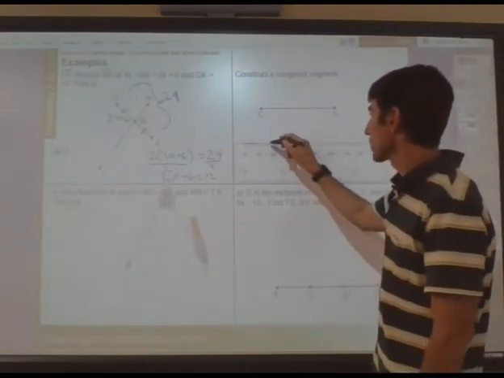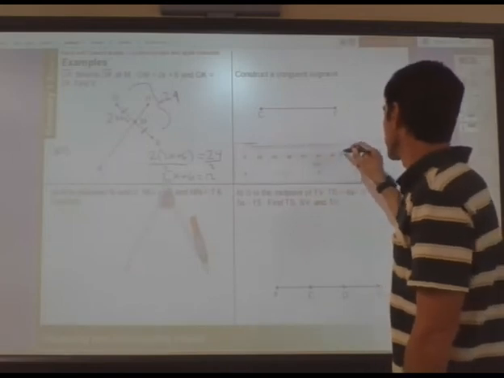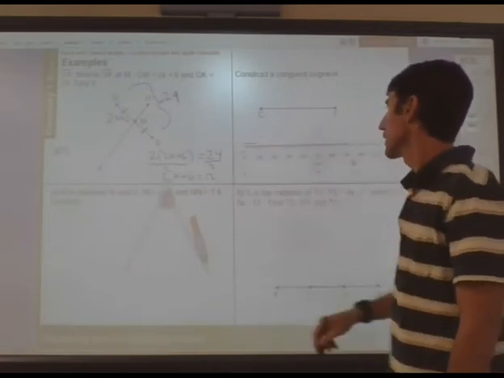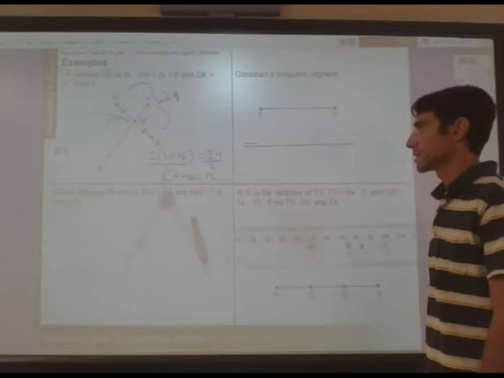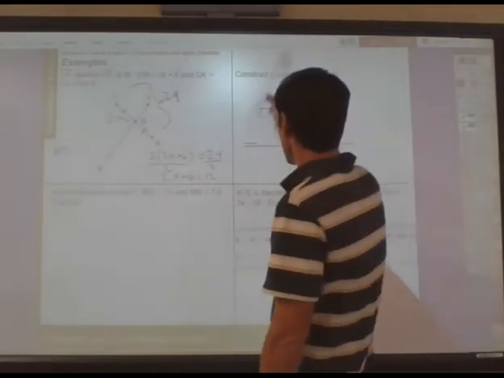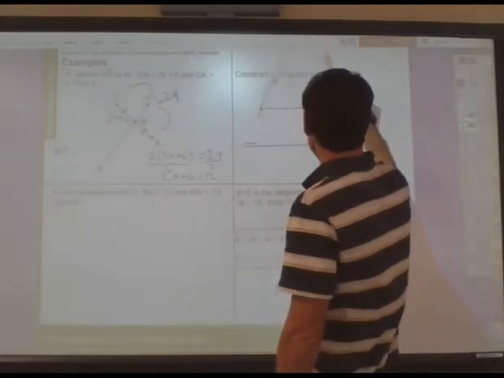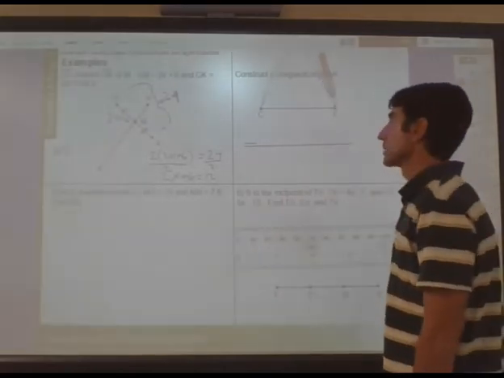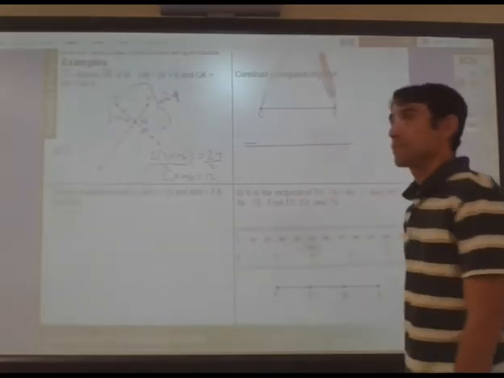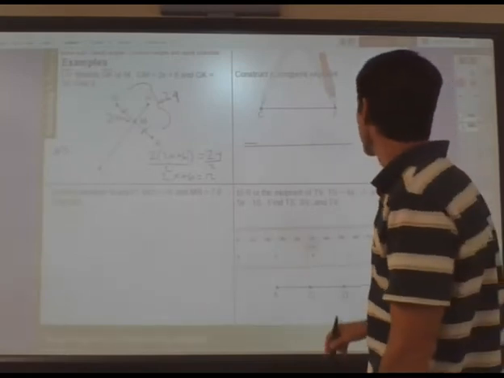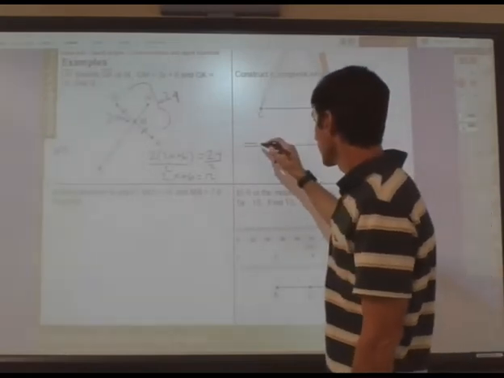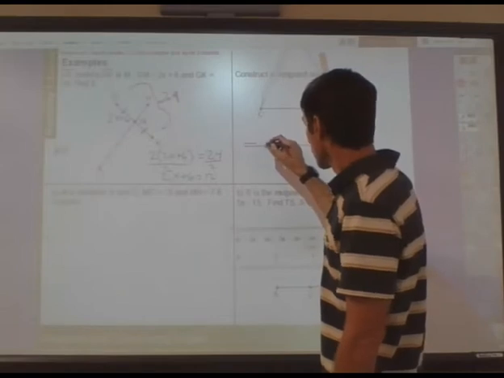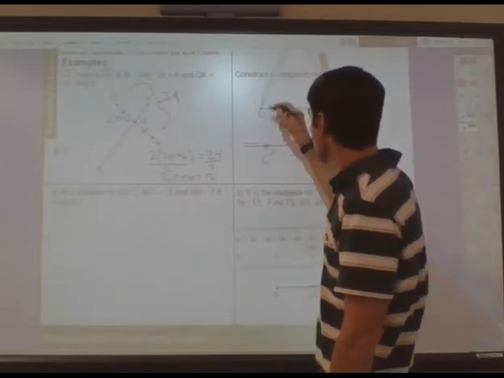What I'm going to do is I'm just going to draw a line segment that's longer than CF. And I'm going to place the compass point on C, the pencil on F, and I'm going to draw a point right here. I'm going to call this point C prime.